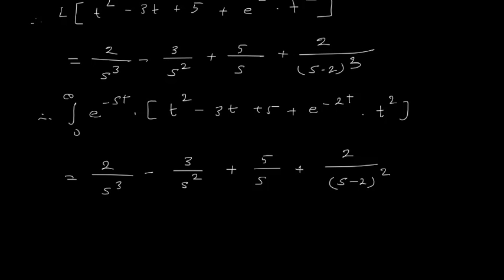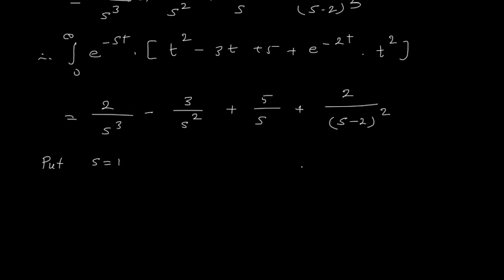Now we want to find e power minus t. Here, in place of e raised to minus st we have e power minus t, so we will put s equal to 1. Therefore I will get the integral from 0 to infinity of e power minus t into t square minus 3t plus 5 plus e power minus 2t into t square dt.